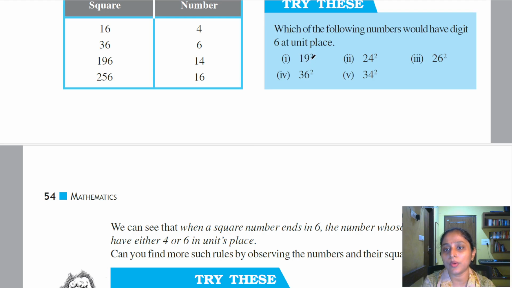Okay, so 9 square is ending with 1, so this is not the answer. 4 square is ending with 6, so yes, this one will end with 6. 6 square is again ending with 6, so this will end with 6. This will also end with 6. 4 square is ending with 6, so this one will also end with 6. So 4 out of the 5 numbers that they have given, you can actually find the square and then check that it is going to end with 6.